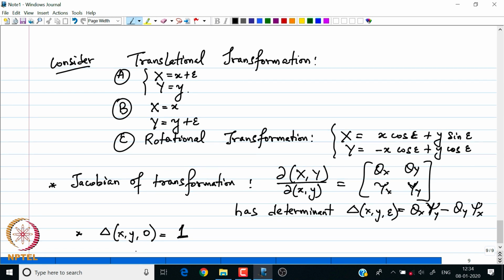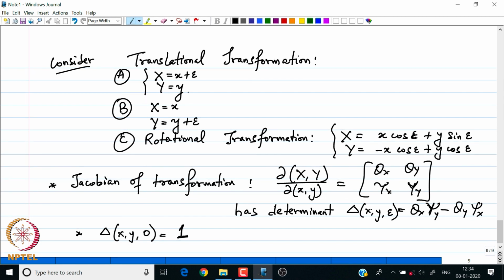So, the determinant is non-singular for epsilon equal to 0, and if my functions theta and psi are continuous, then we expect that in the neighborhood of epsilon equal to 0 the determinant is non-zero, or the transformation is non-singular.